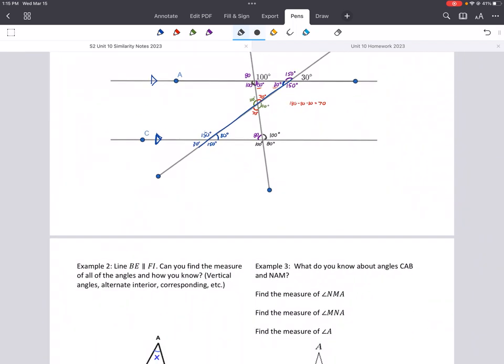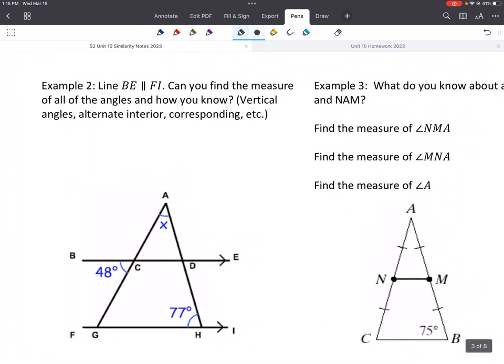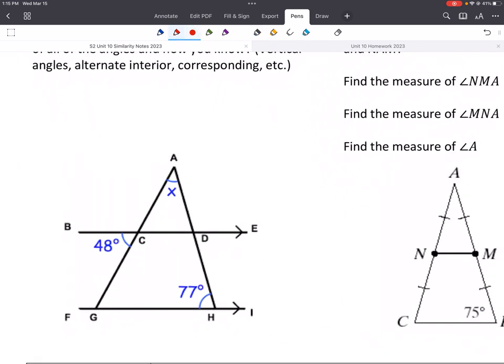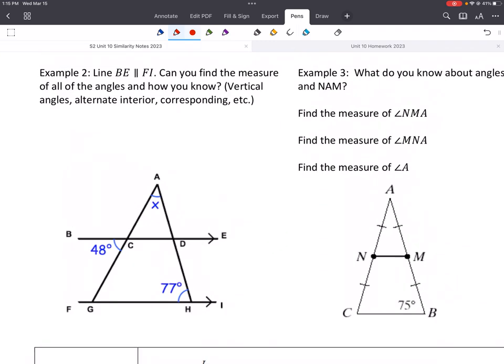Okay, there are two other examples I think will be helpful. Here in class, I asked students, well, it says here, first we make sure that these two lines are parallel. It says that right here. So BE is parallel to FI.